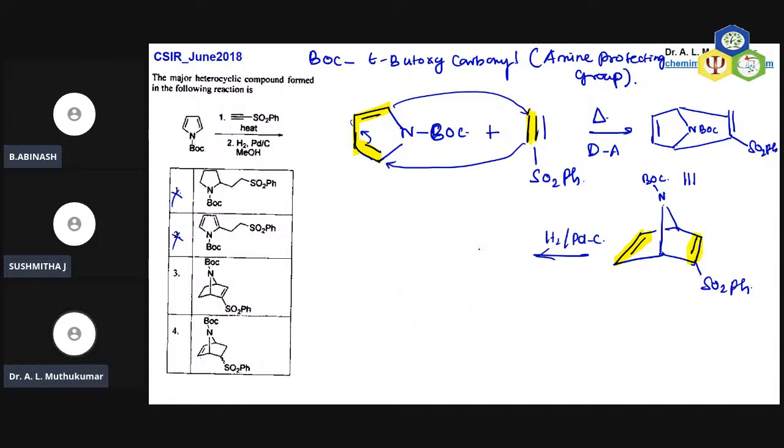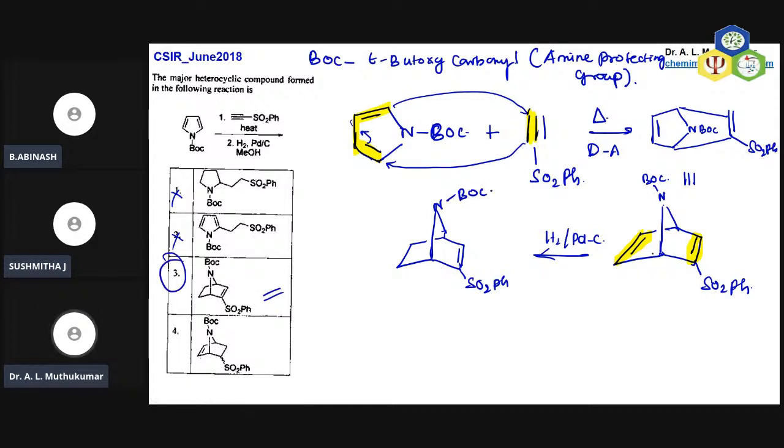So the reaction will be preferred at the less hindered double bond, that is, the less substituted double bond will be reduced selectively over the more substituted double bond. As a result, the left side alkene will be converted into the corresponding alkane, and this alkene remains intact. So you will get the corresponding product. And if you check with the options, option 3 is the right answer to the question.